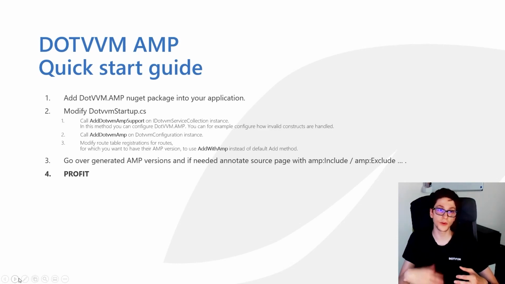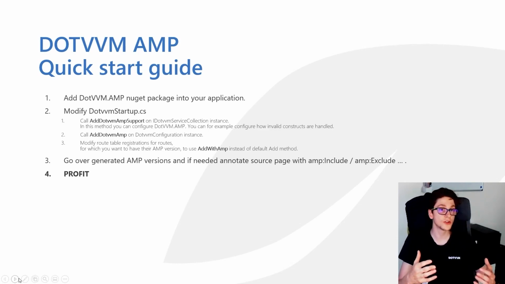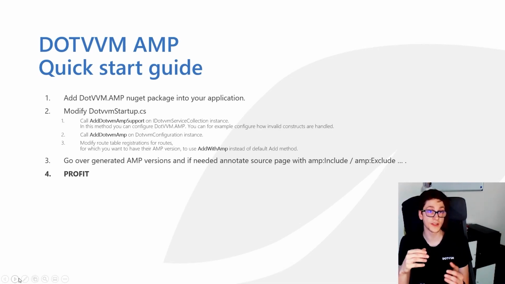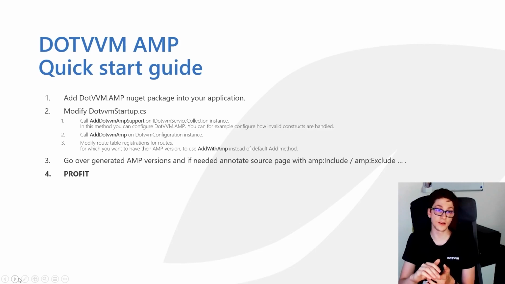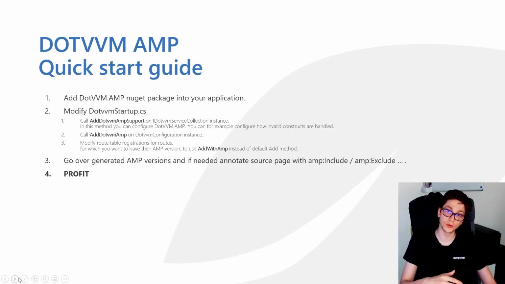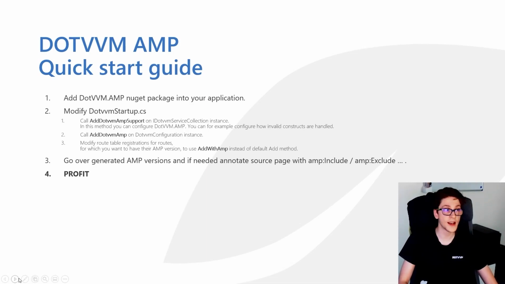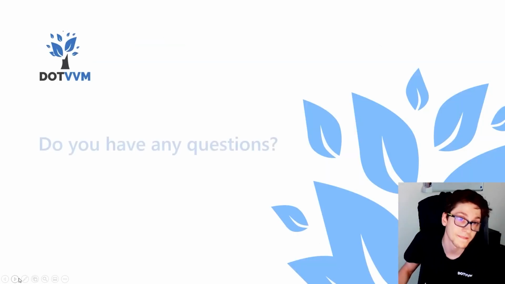After this initial configuration, I would highly suggest going to your application and seeing where something is broken and annotating it with AMP include or AMP exclude. And that's it. Now you have your two versions for certain pages, and Google and other search engines should give you a few more SEO points for this.